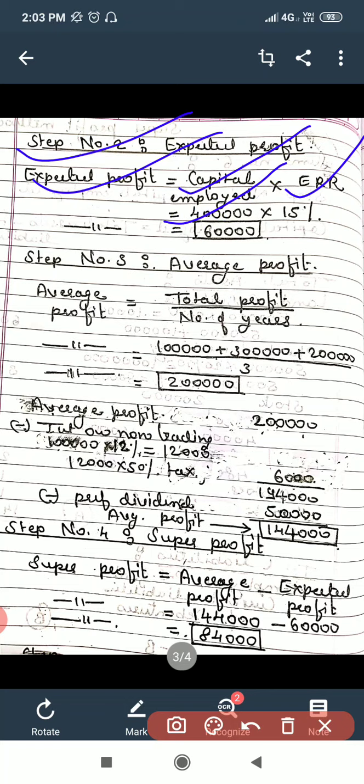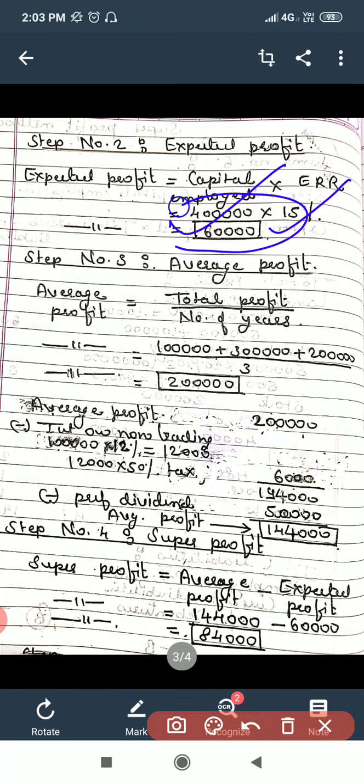If you add both, 10 plus 5, you will get the expected rate of return of 15%. So 4 lakhs as capital employed, which you calculated in step number 1, and expected rate of return 15%. If you solve this equation, you will get the expected profit of rupees 60,000.